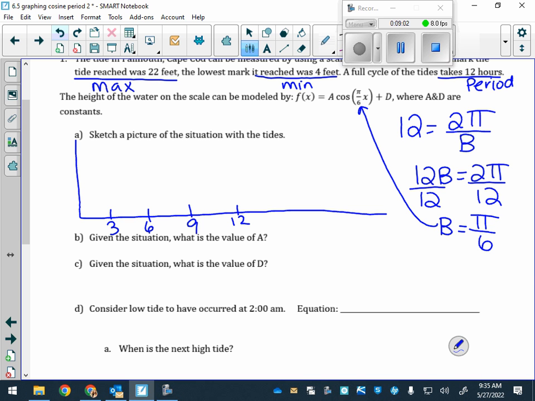Well, what else do we know? What else was given to us? Eleanor? The maximum height was 22. What was the lowest? Go ahead. 4. Okay. So we know this represents our height. This is talking about our time. Okay. How do we find our midline? Go ahead, Grant.